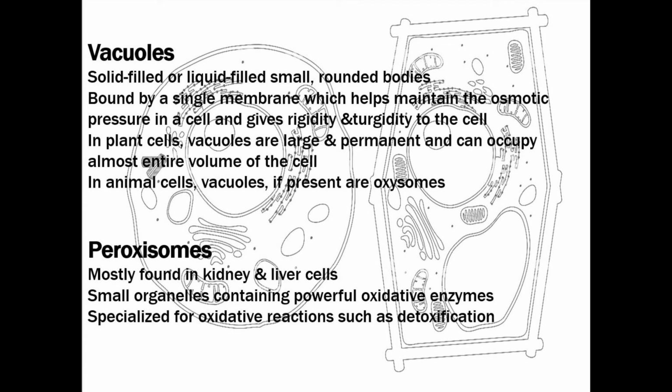The next organelle is vacuoles. What are vacuoles? These are solid-filled or liquid-filled small rounded bodies. Either it is filled with solid things or liquid things, bound by a single membrane, which helps maintain the osmotic pressure in a cell and gives rigidity and turgidity to the cell.